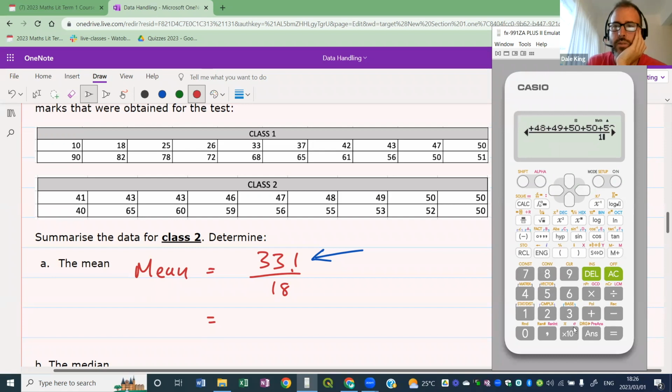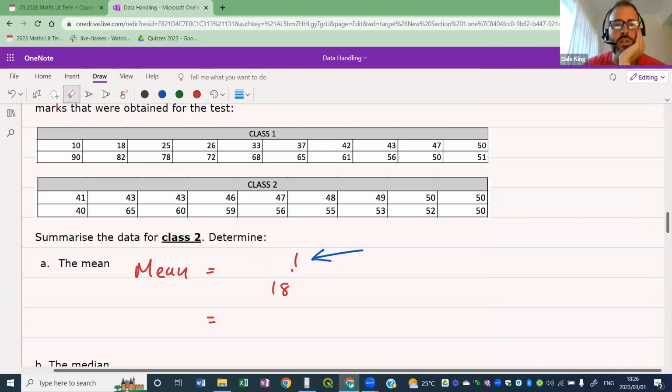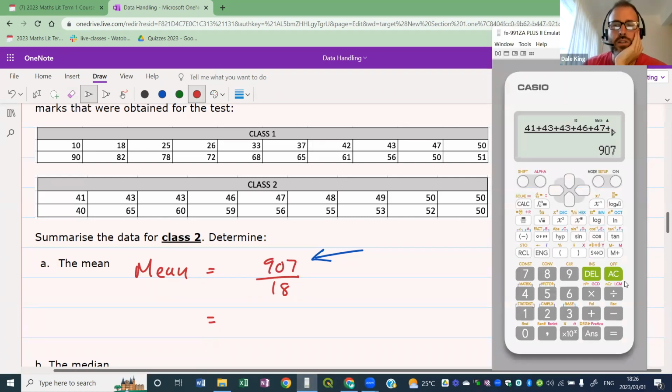I'll just put it over 1. 907, so that value was wrong. My apologies. So it's 907 on the top. That's what they want to see, the sum, and then just divide by 18. If I divide this by 18, we should get the same answer again. There we go, 50.39.